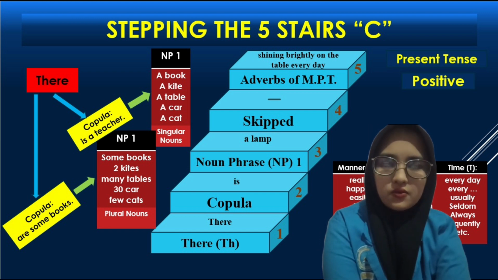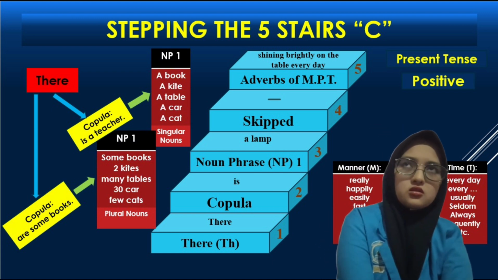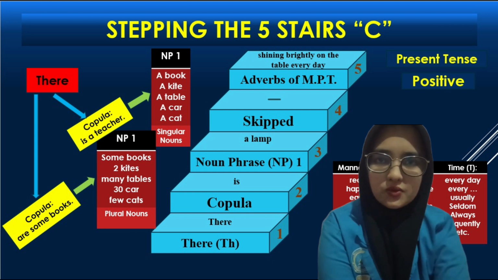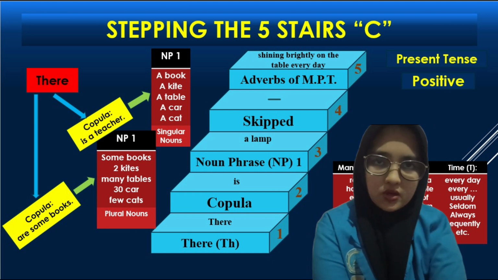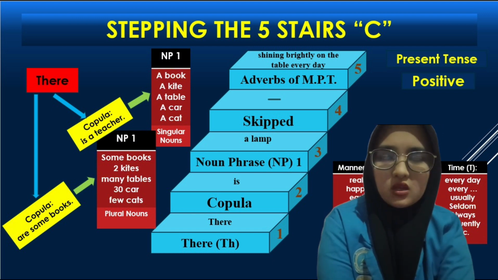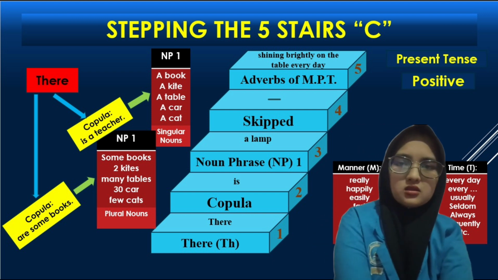If it's singular, you can use is. If it's plural, you can use are. And then noun phrase one, the subject in the sentence. Skip. And the last one is adverbs of MPT. So for MPT it is manner, place, or time in the sentence.